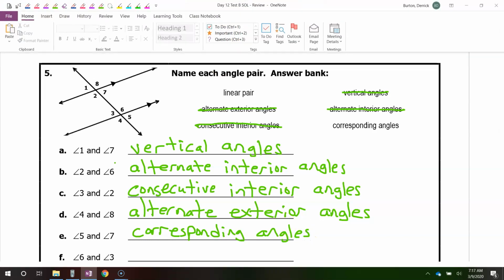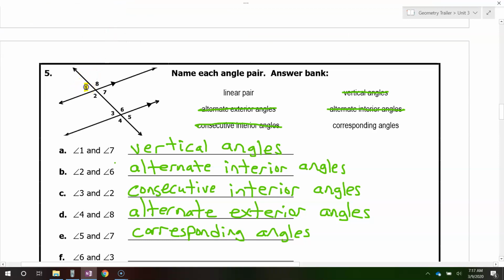Corresponding angles are angles that are in the same position. So see how this angle is in the top left, and this angle is in the top left. So those are corresponding. Angle 8 is in the top right. Angle 6 is in the top right. So those are corresponding.